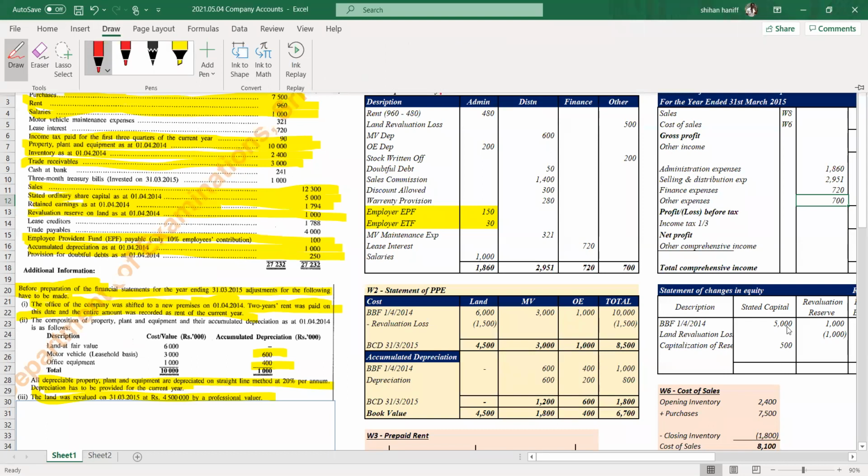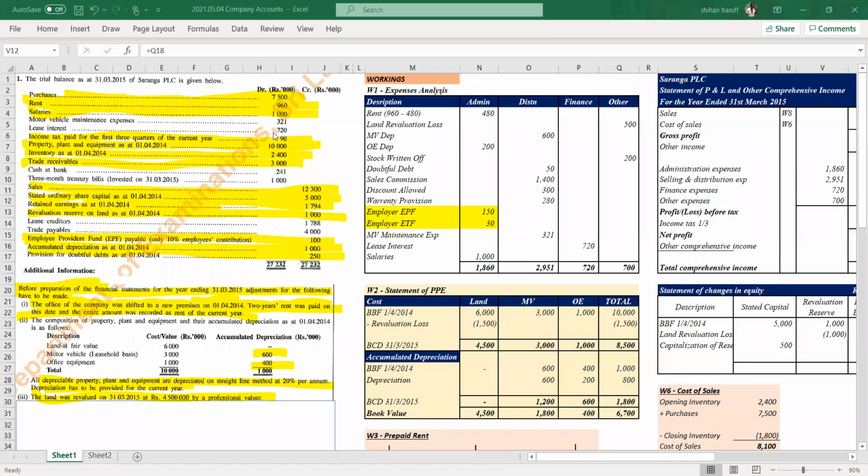To complete this question, I will make a small adjustment, right? 720.